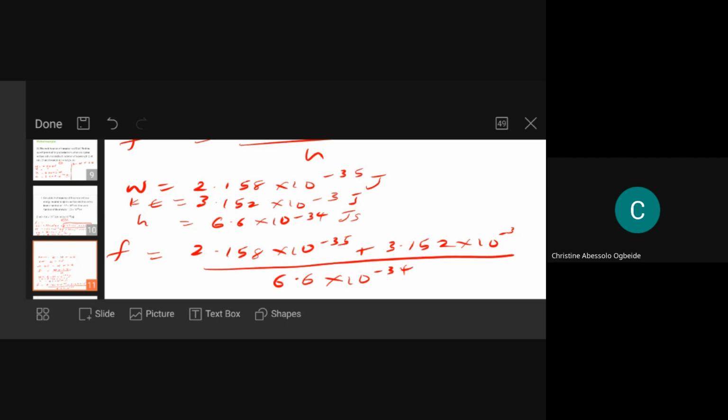So somebody should simplify that and tell us what the answer would be. Firstly, add up the numerator, and then divide it by the denominator. That gives us a value for the frequency of the photon.